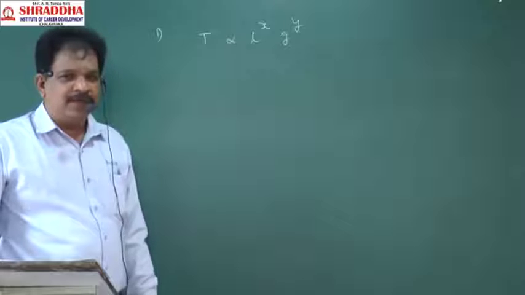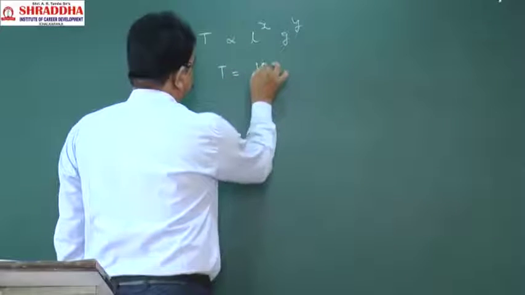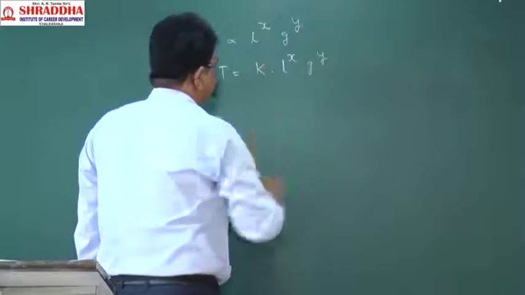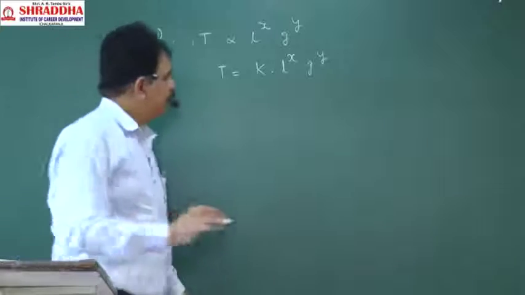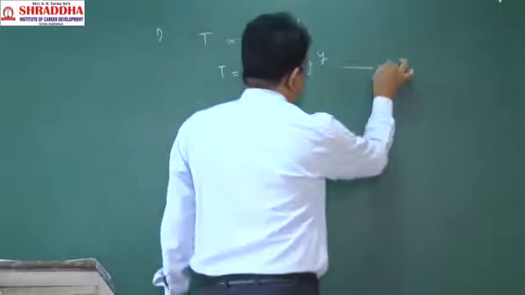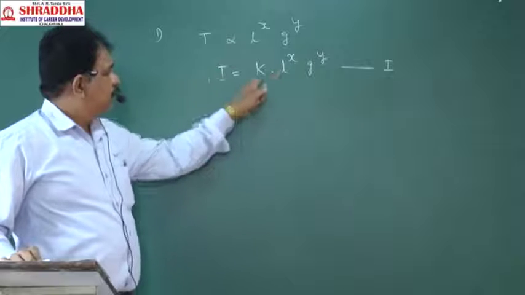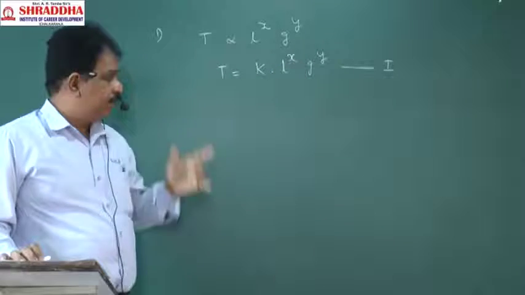Like that we have to approach. Then T is equal to some constant K into L power x g power y. Okay, let it be equation 1.